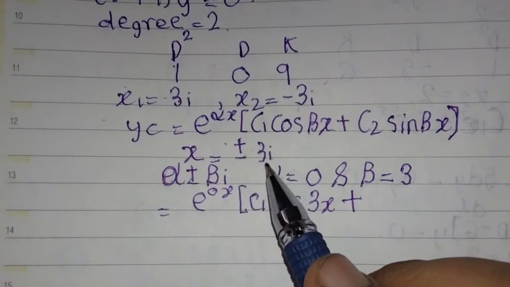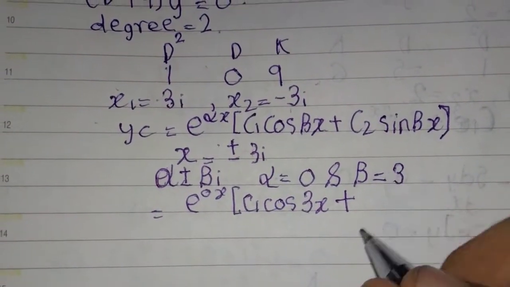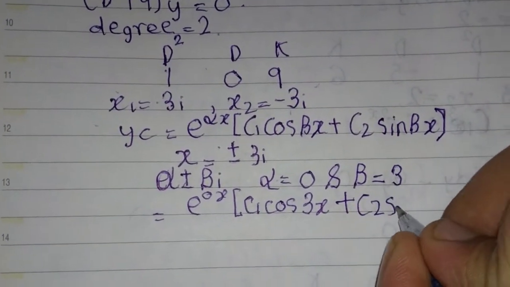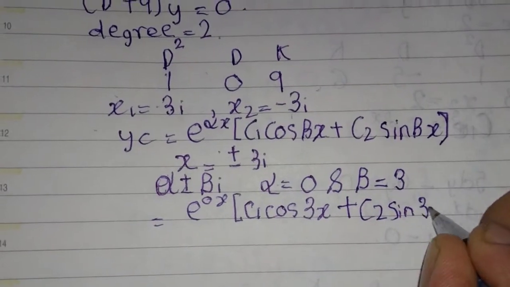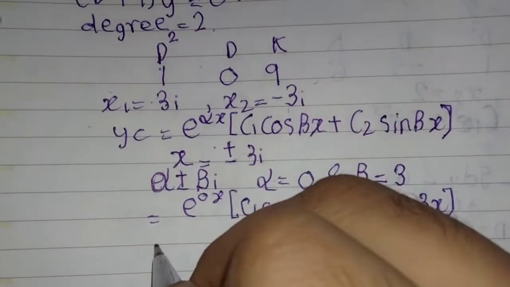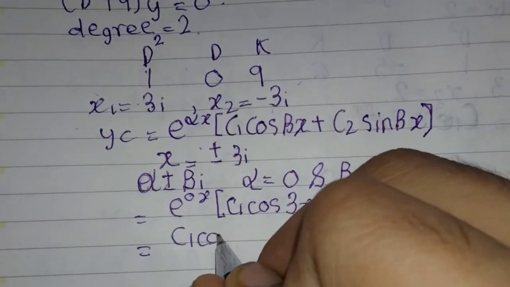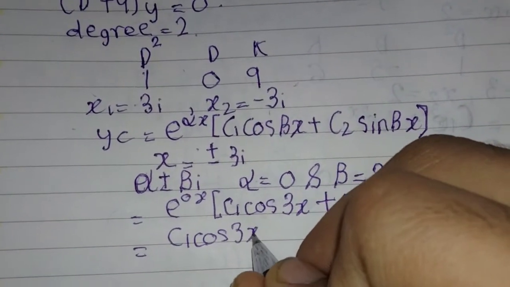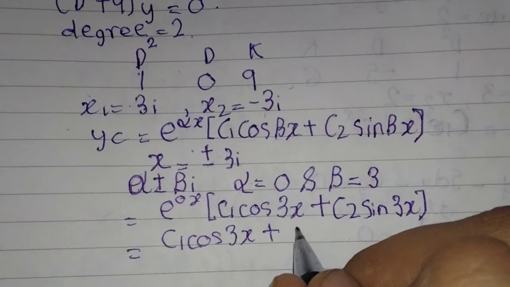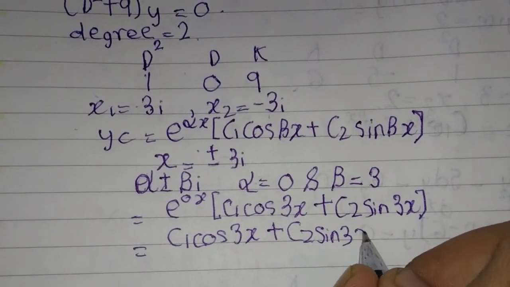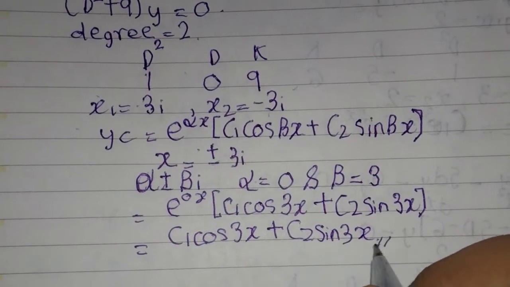They are plus and minus 3i, but we have to take only the positive value anywhere. c2 sin 3x. As anything raised to 0 is 1, the final answer is c1 cos 3x plus c2 sin 3x. This is the final answer.